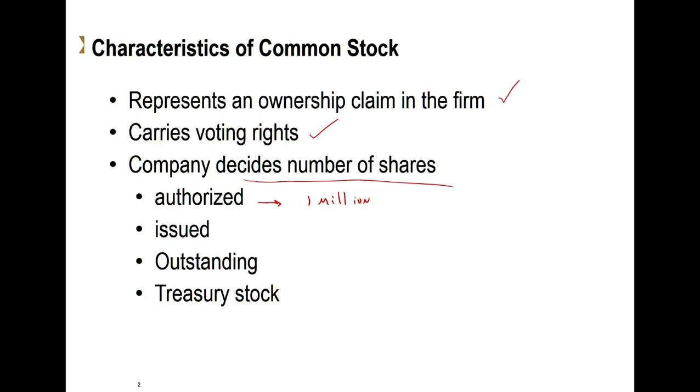It's just the authorized amount, the maximum amount. That amount can be revisited periodically. Suppose that you have issued 500,000 shares. If you look at the balance sheet information, you'll see that there are 500,000 shares issued.